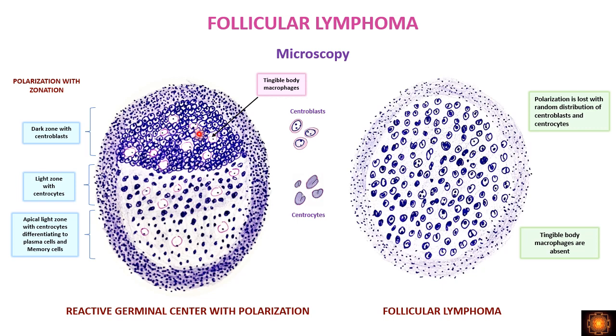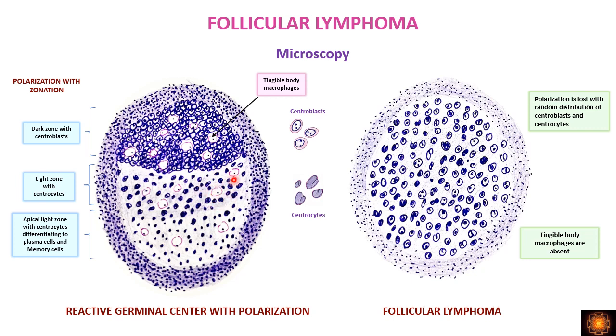This is the zonation, which we call polarization. In between, the centroblasts differentiate into centrocytes, and the centrocytes which have unfavorable mutations with a low affinity for antigen should undergo apoptosis. The cells undergoing apoptosis are ingested by macrophages.